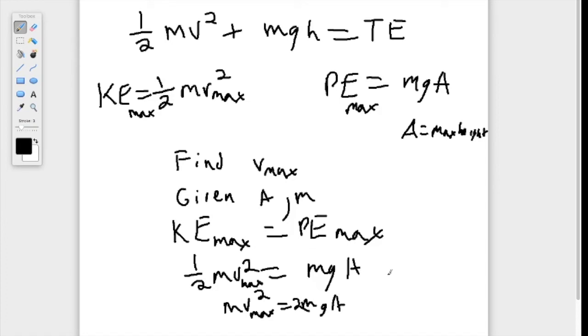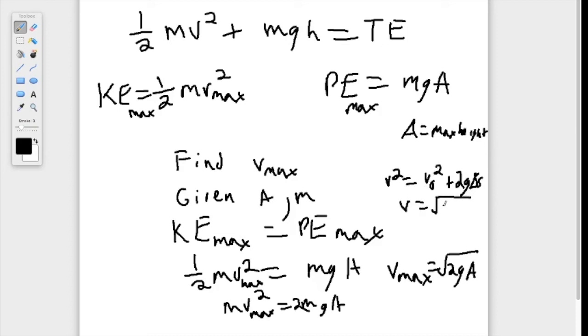Then the masses cancel, and you just get Vmax equals the square root of 2gA, which is actually similar to the kinematics equation, v squared equals v naught squared plus 2g delta s. So assuming it starts from rest, you just get v equals the square root of 2g delta s.